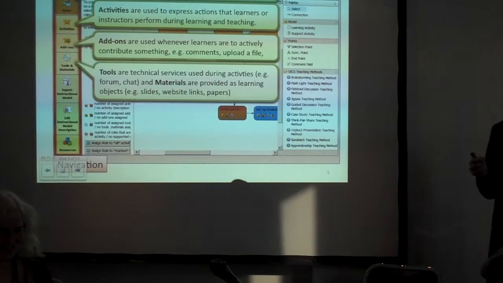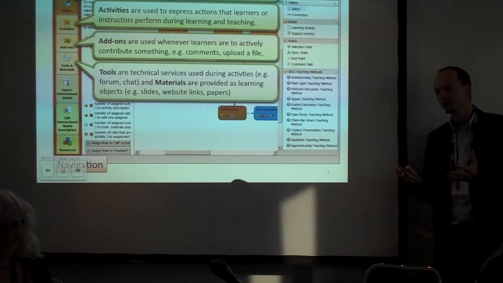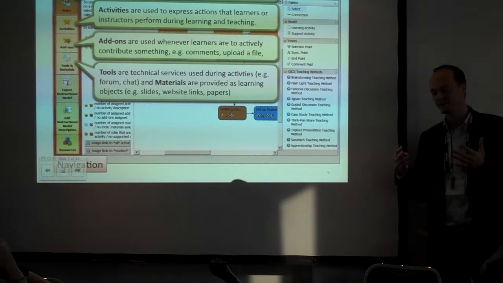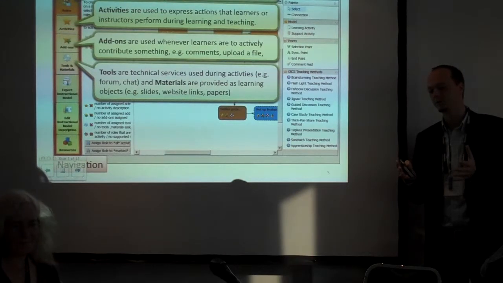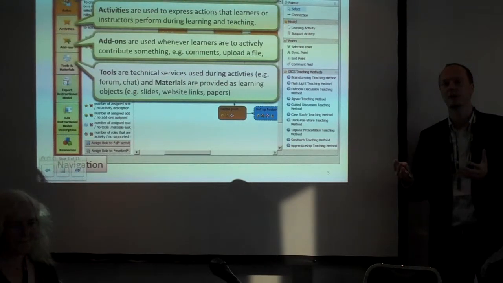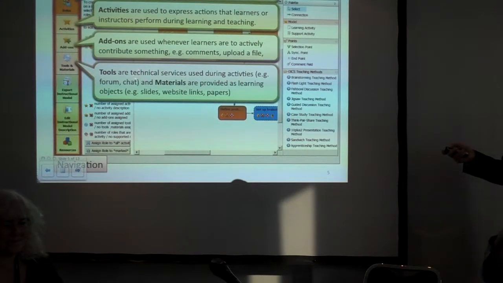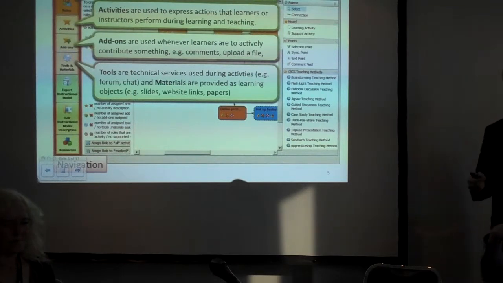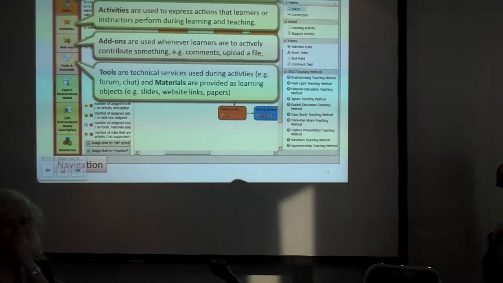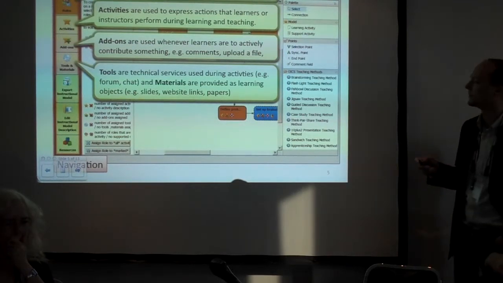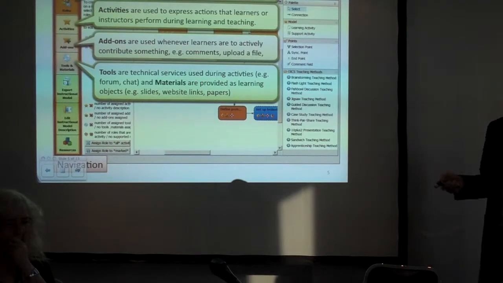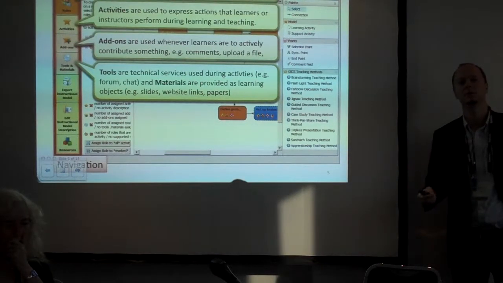Add-ons are something that you use when you want participants, learners, to contribute something, to upload a file, to produce some text, to do a question answer, and similar things. Tools are technical services like a conference service, a chat service, a forum, announcement, or sending mails. And materials is what you would probably call a learning object.